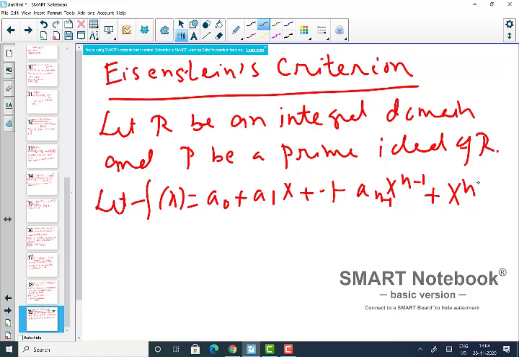So what happens if you have such a kind of monic polynomial in R[x]?